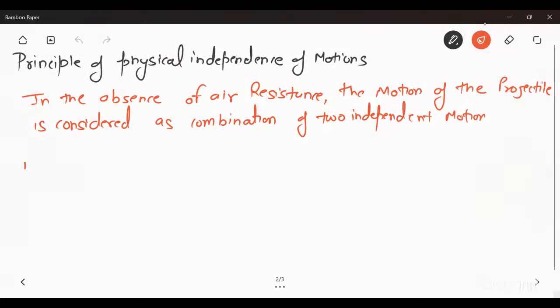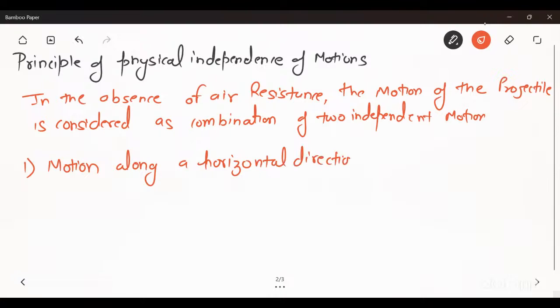First is the motion along the horizontal direction with uniform velocity.